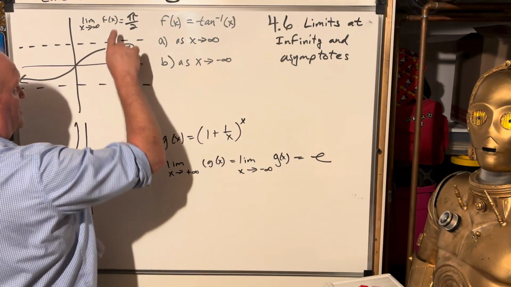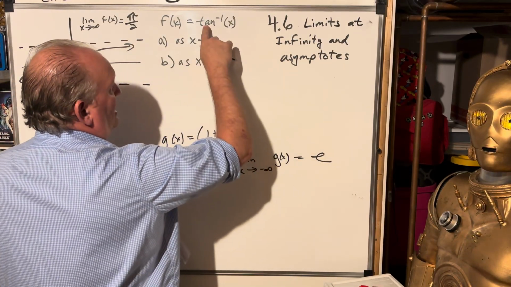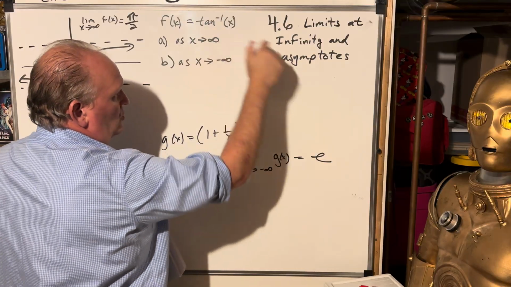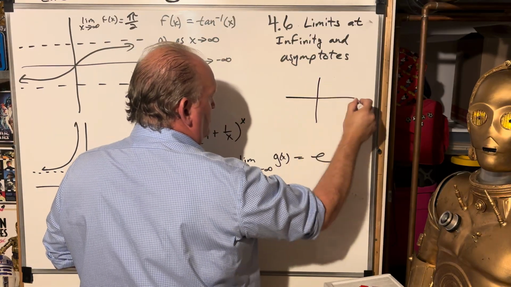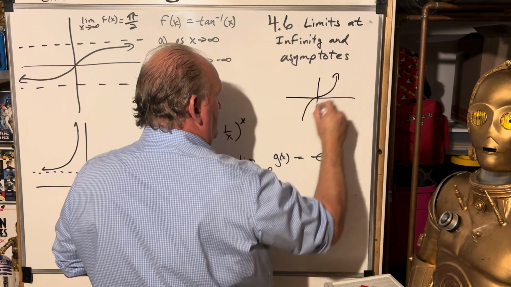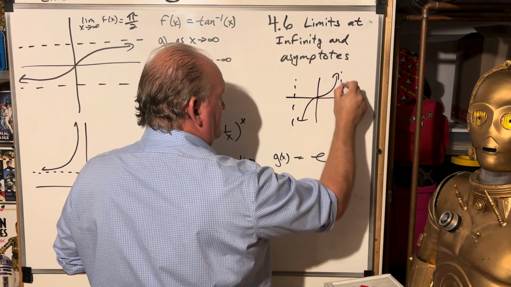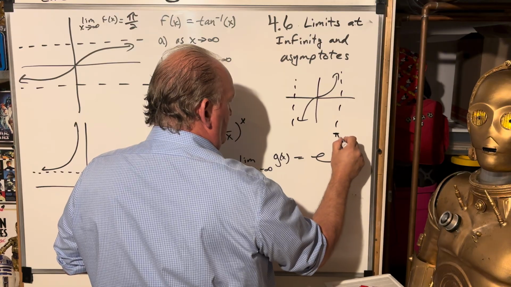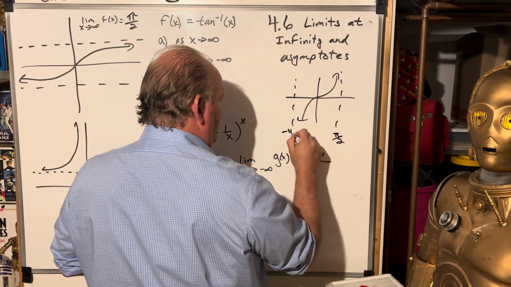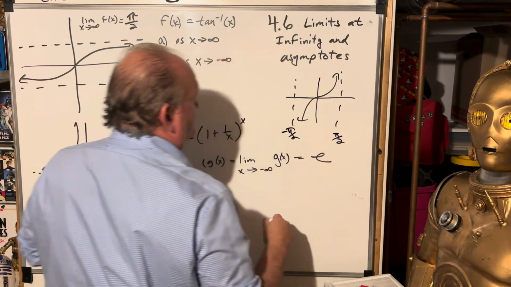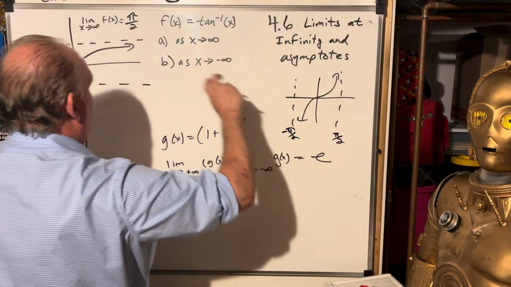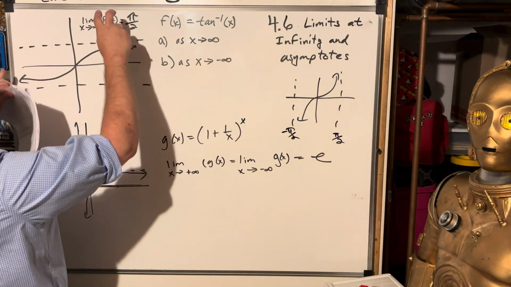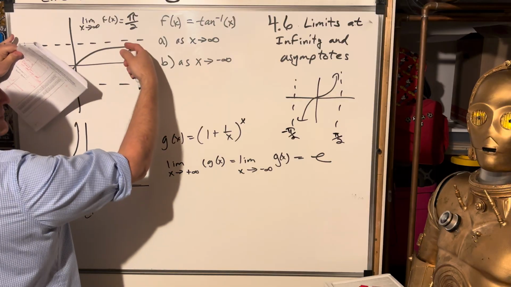The reason we know it's pi over 2 is because this is the arctangent, and if you think about the normal tangent curve, pi over 2 is an asymptote, and negative pi over 2 is an asymptote. If you do the inverse of that, we're kind of flipping it and reversing it.